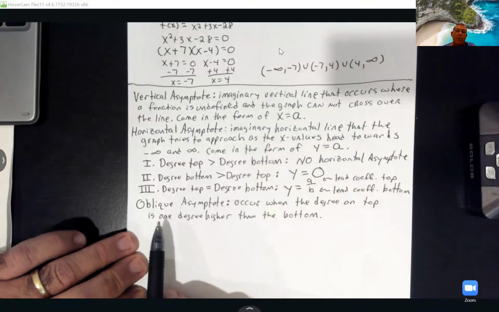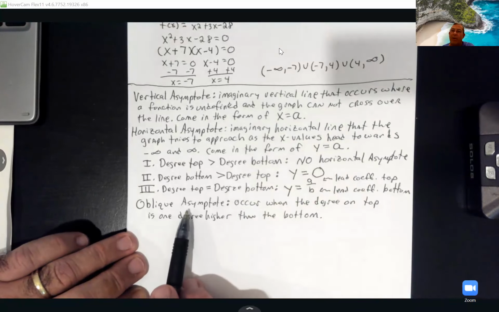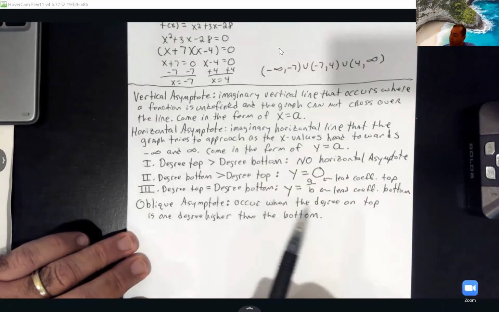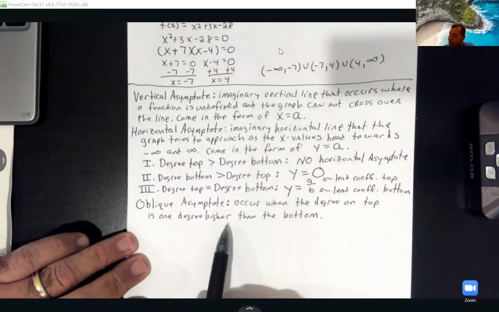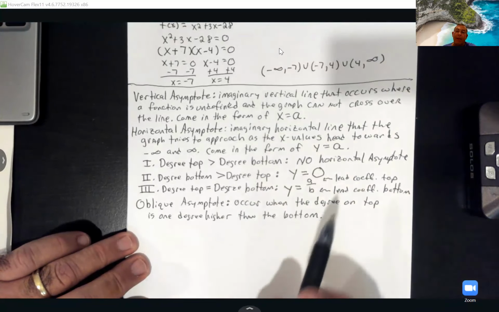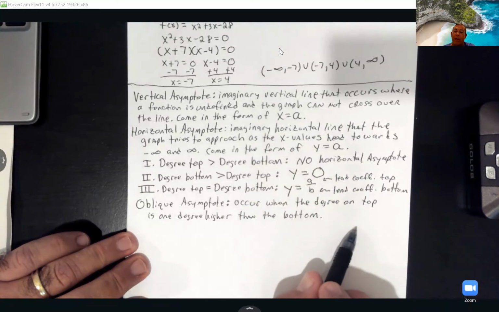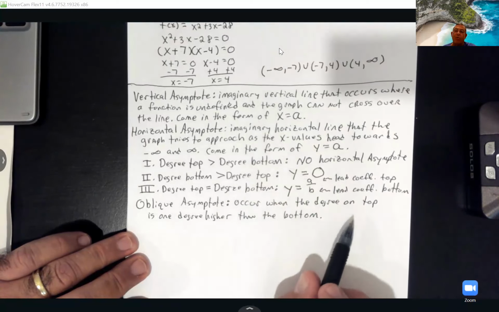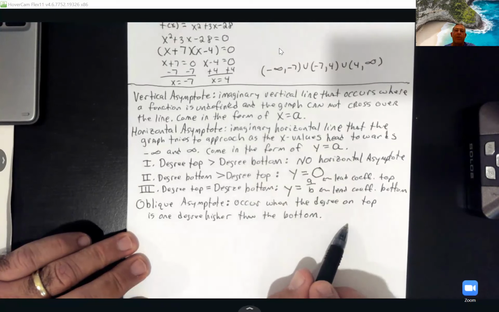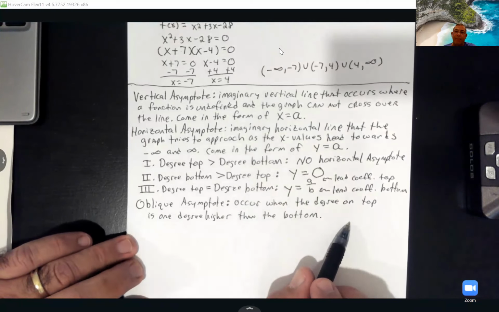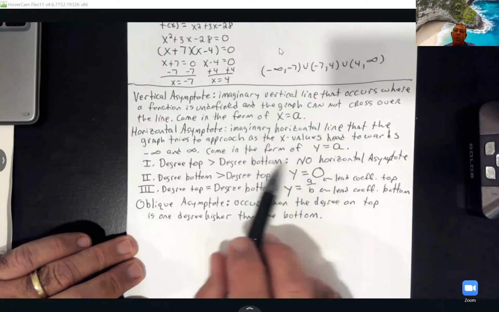And I think there's only one question where we give you an oblique, okay? But what I mean by 1 degree higher on top than the bottom: if say I had an x cubed on top and an x squared on the bottom, 3 is 1 higher than 2, okay? So these will occur when there's no horizontal asymptote because our top is going to be higher than the bottom.